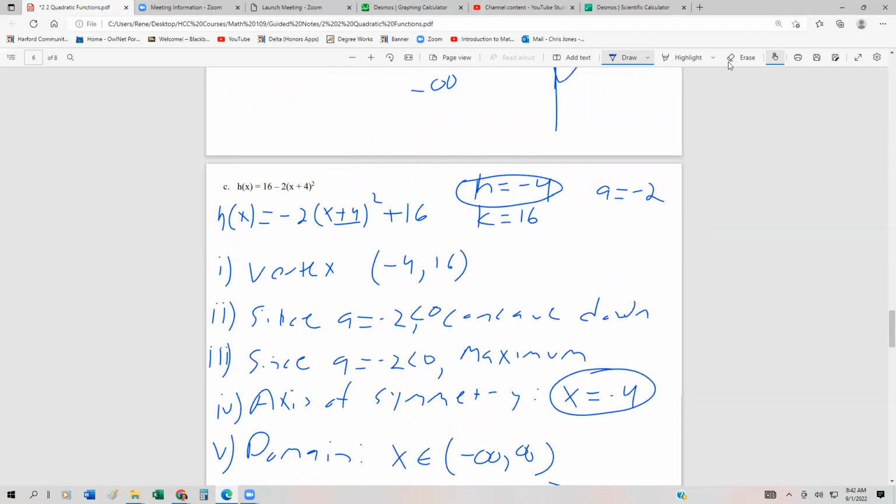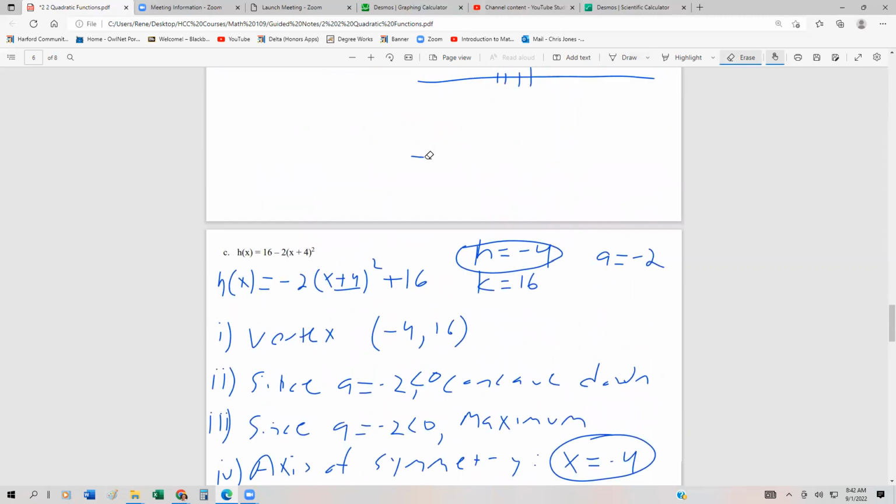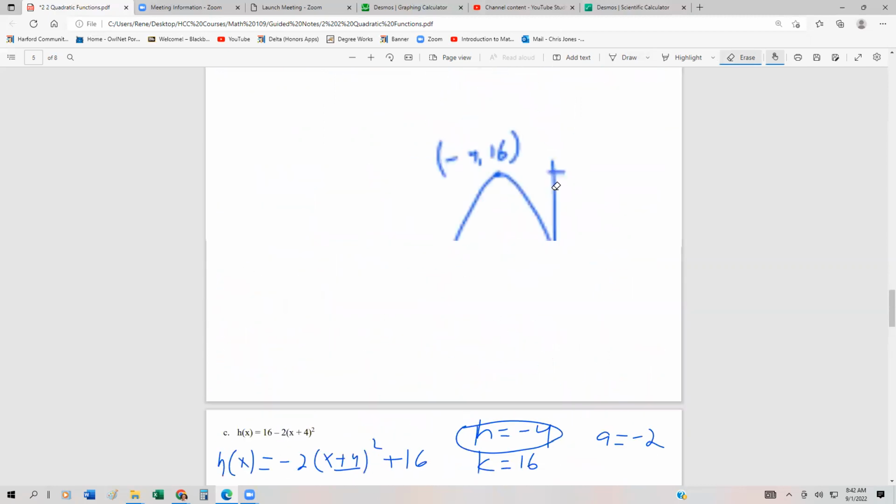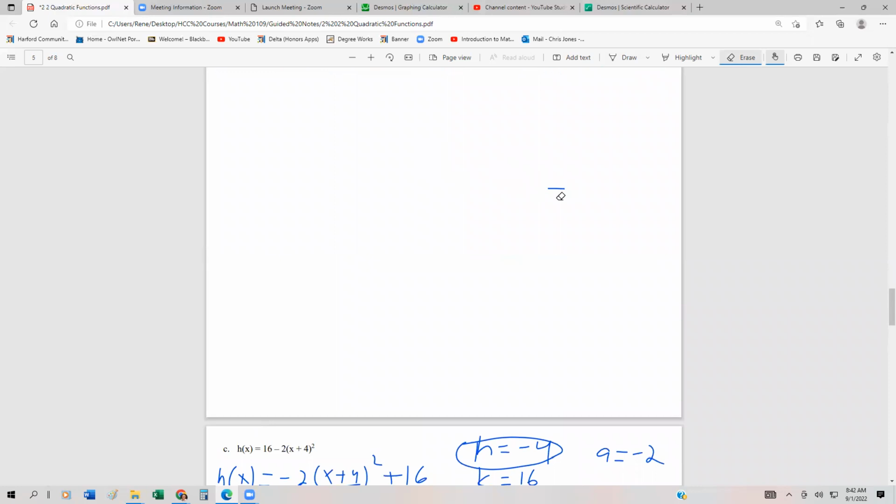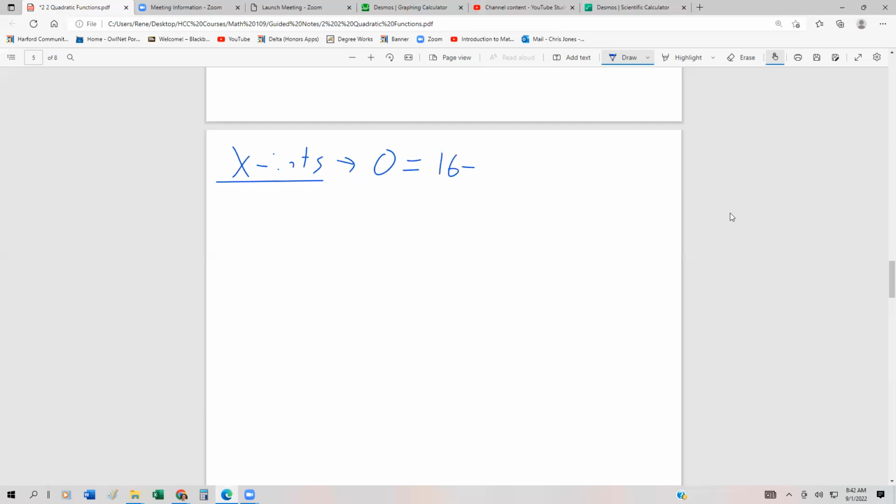We're going to have to do some foiling for this. Okay, so let me erase this. And so for the x-intercepts, that's where we are going to set 0 equal to 16 minus 2 times the quantity x plus 4 squared. And remember, to be able to solve this, we have to FOIL.